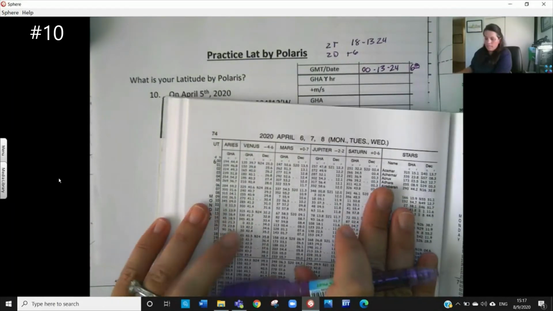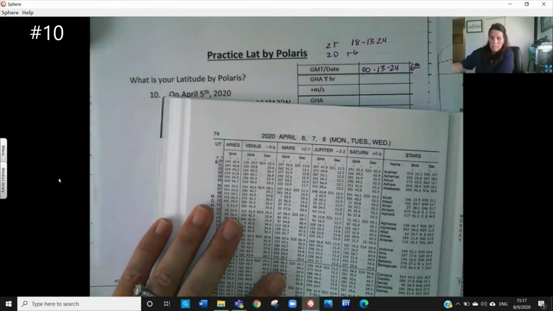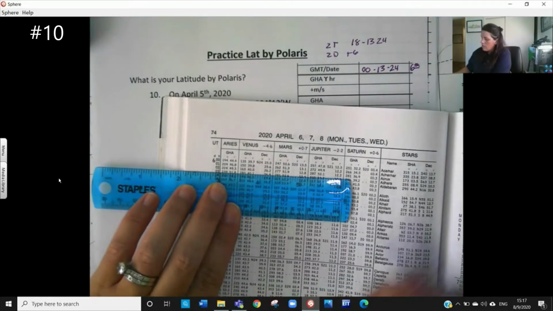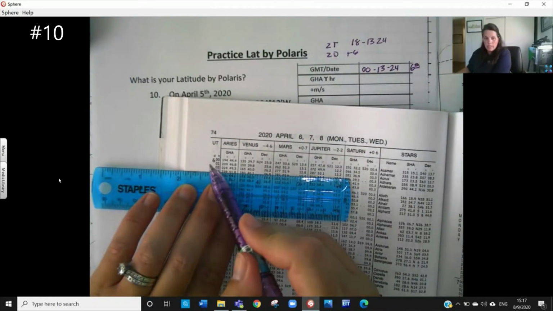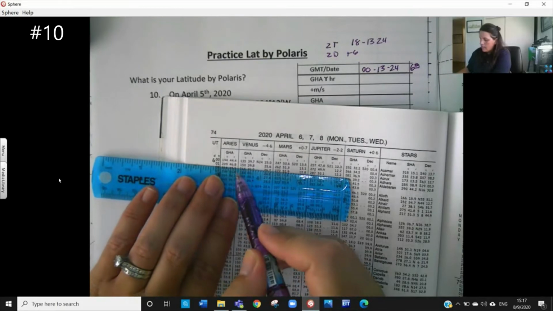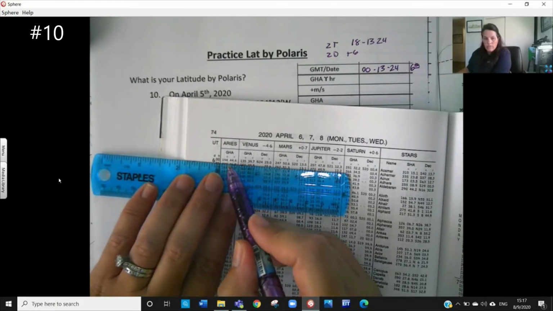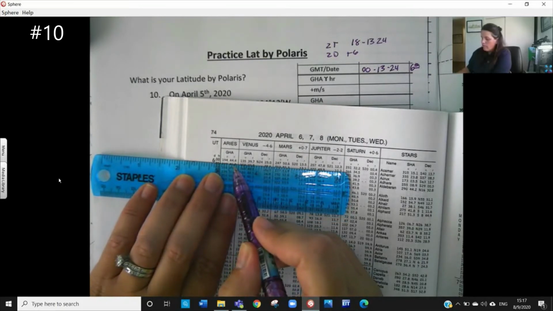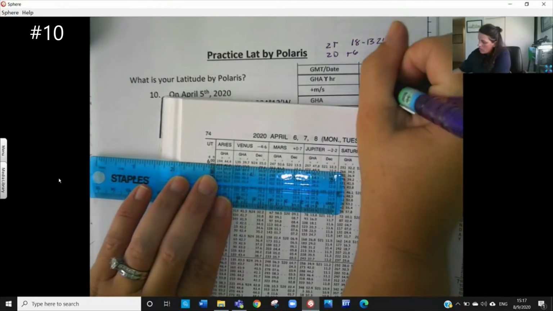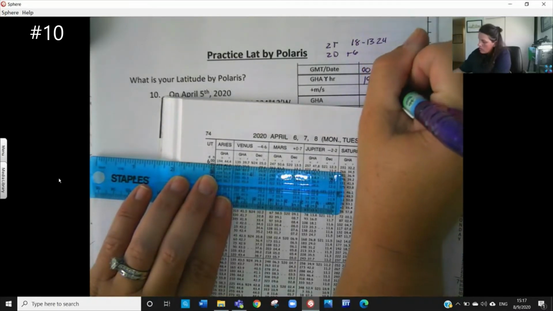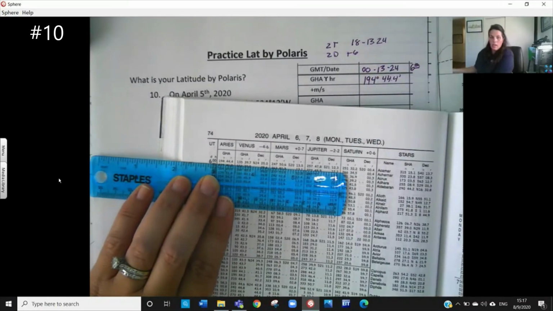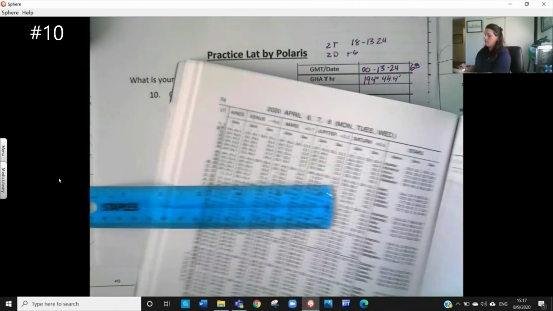So for April 6th, GHA of Aries at the top of the hour is 194.44. Then I need to do minutes and seconds.